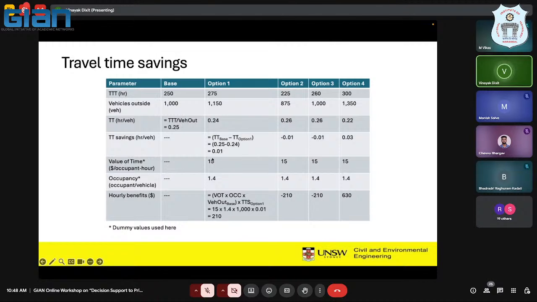The value of time is $15 per occupant hour, and the occupancy is 1.4. So the total hourly benefit is value of time multiplied by the occupancy multiplied by the total vehicles before, 1000, multiplied by 0.01, because that's what we'd be saving, which is equal to 210.